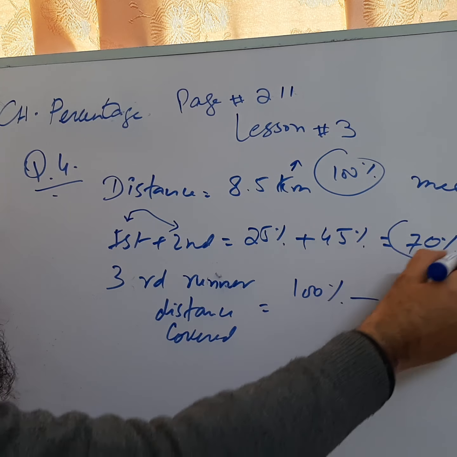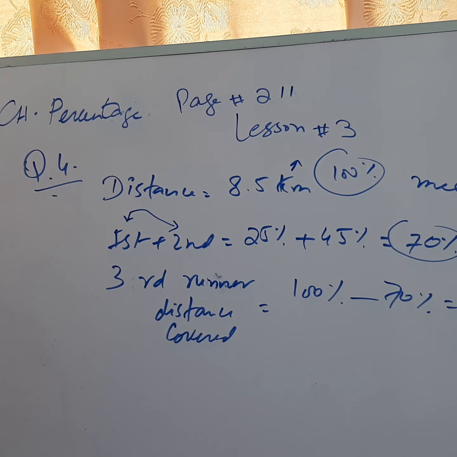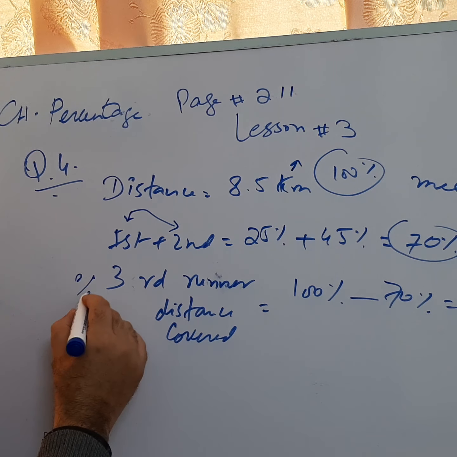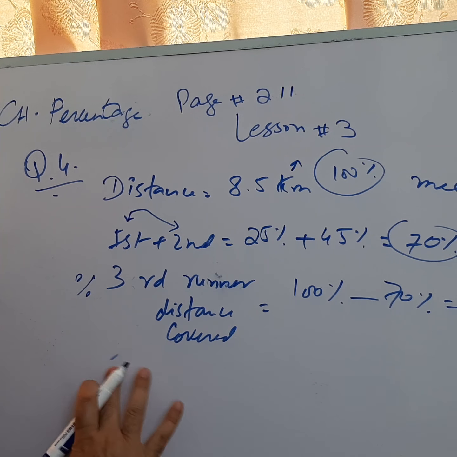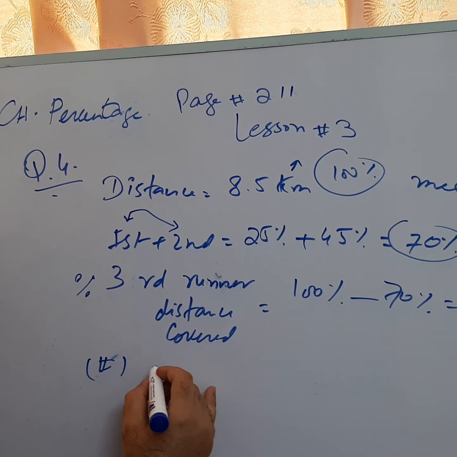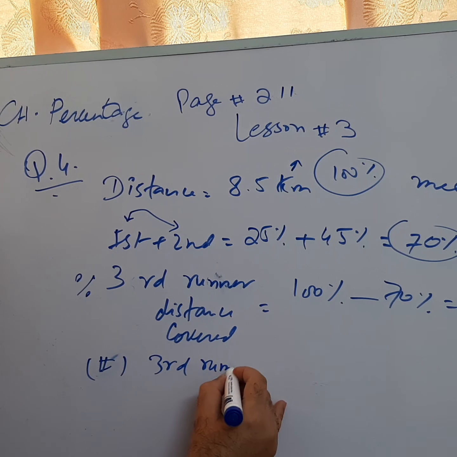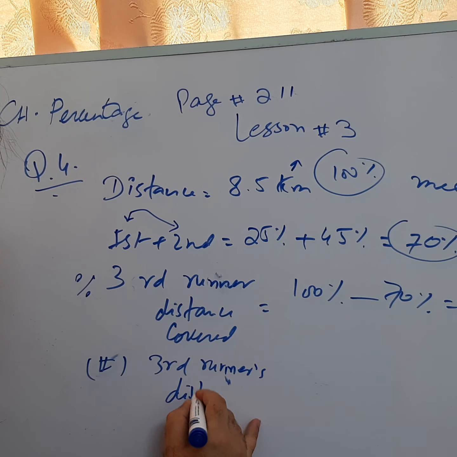So it means 30% of the distance was covered by the third runner. We need to first convert this 30% into a number, so we get the third runner's distance covered.